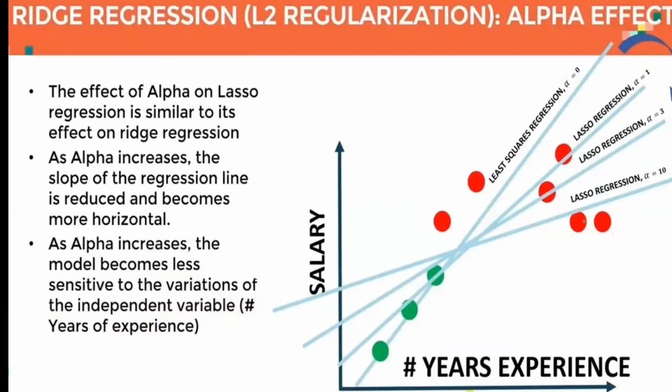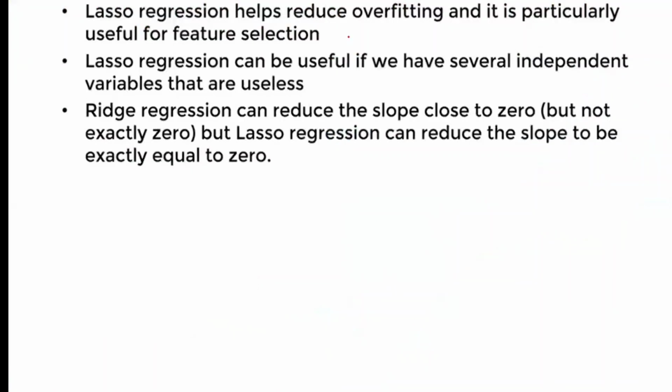As the alpha increases, it is going to become horizontal. Once the line is horizontal, there will be no variations in the x. Now, the most important point is that lasso regression helps to reduce the overfitting problem, and particularly it is used for feature selection. This word is more important.